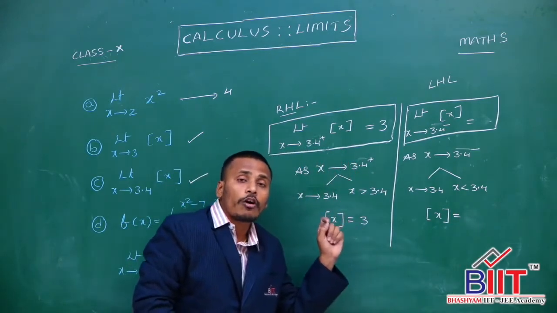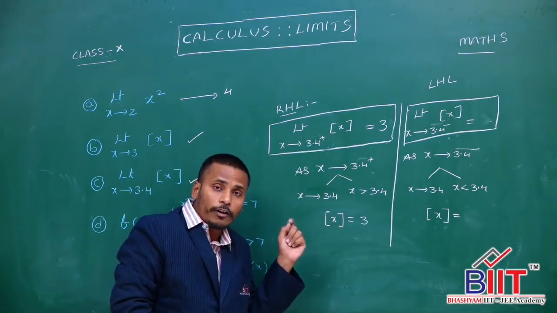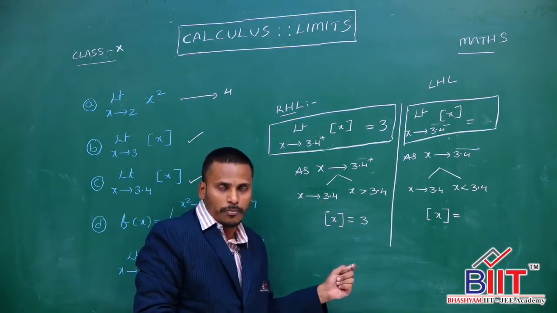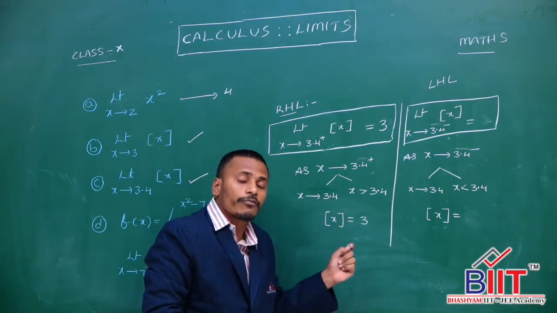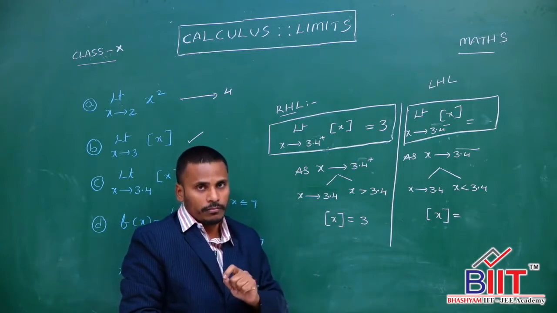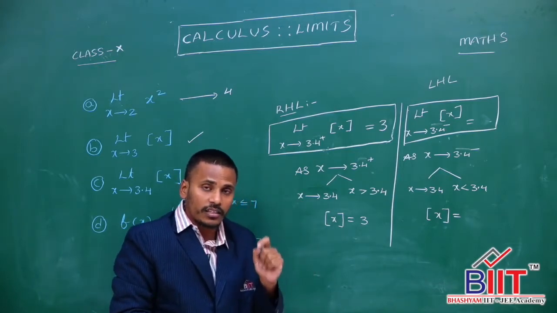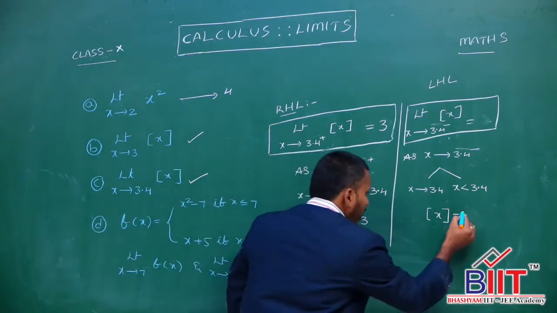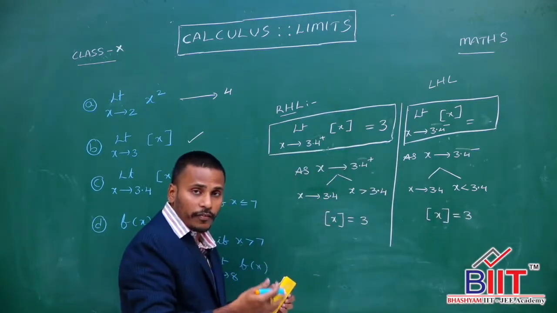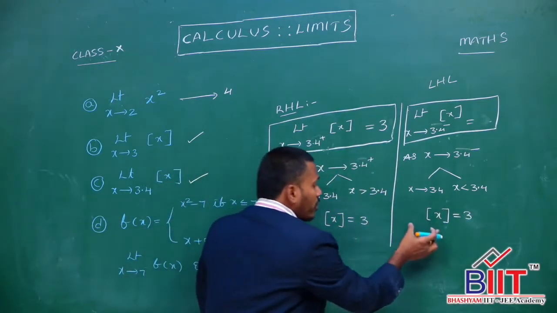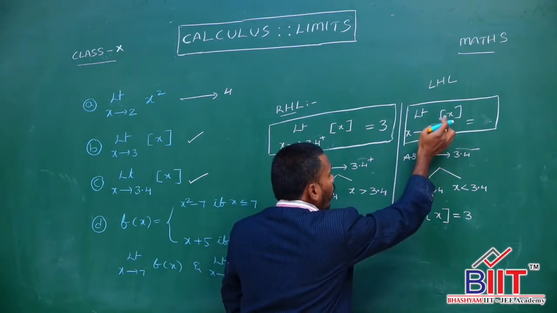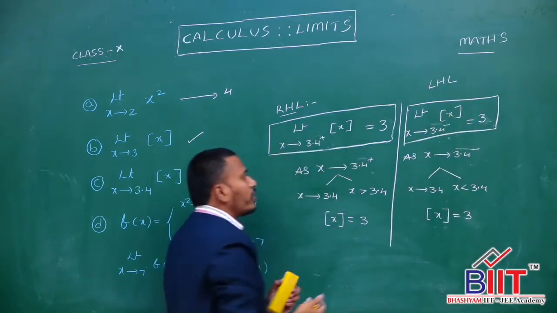Here the values of x are less than 3.4 and almost near to 3.4, so x for sure is greater than 3. Again step x is 3 as per the definition of step x. Since step x is 3, the limit as x tends to 3.4 minus of step x is again 3.